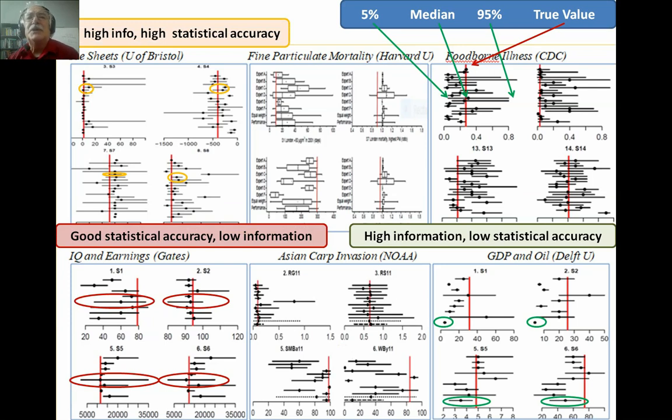So in structured expert judgment, we have quantitative measures for informativeness and statistical accuracy. We use these to construct performance-weighted combinations of expert judgments. And in this video, we're going to show the various ways in which those performance-weighted combinations are validated.